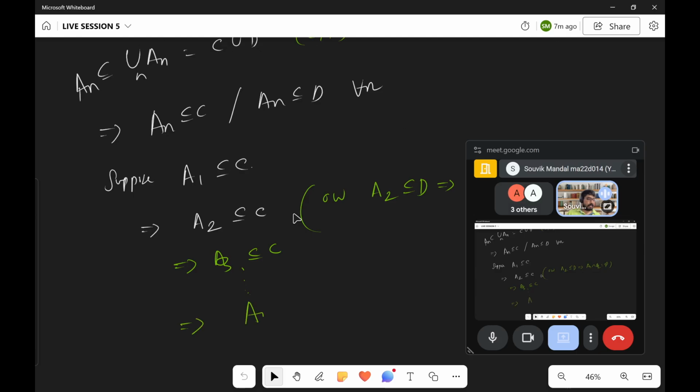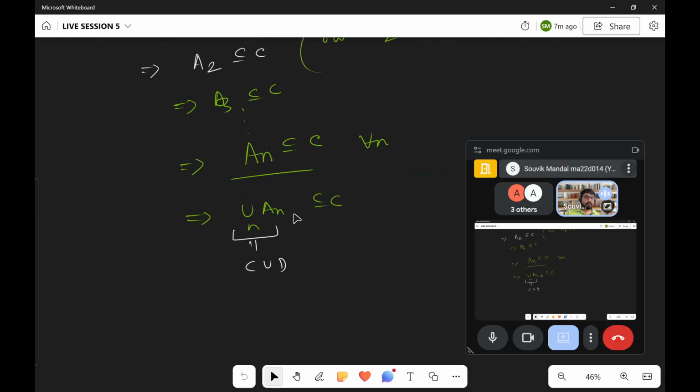That is, A_n is a subset of C for all n. That implies the union of A_n is a subset of C, and the union of A_n is equal to C union D, so that implies D is the empty set. But of course, that is not the case.